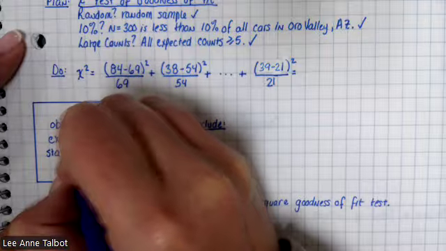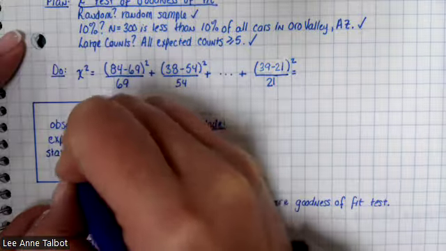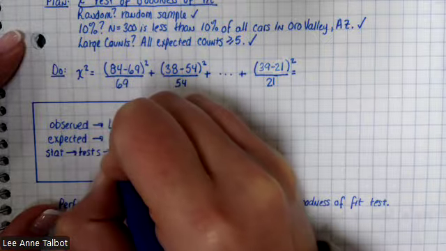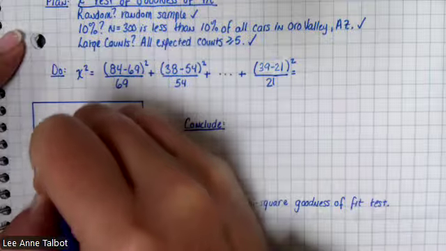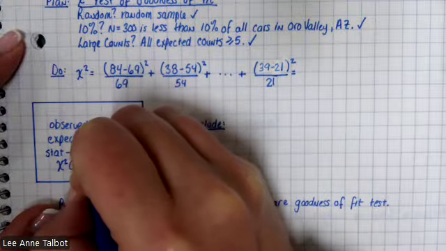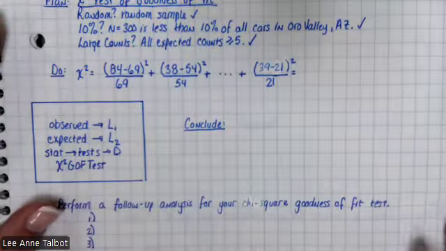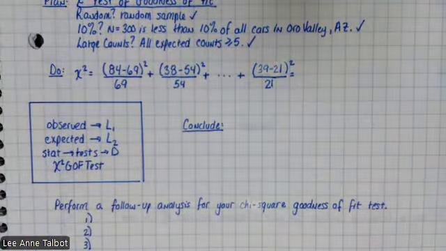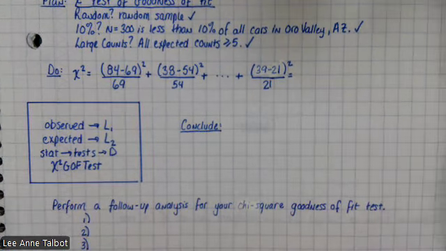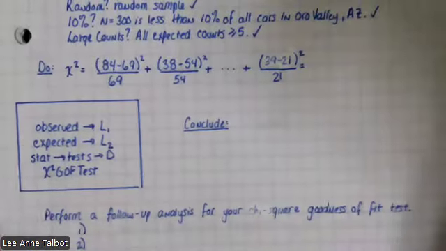Okay, now this is where I'm gonna have to make some confessions. I dread this every year. Okay, so there's your calculator instructions, and then what I'd like you to do is follow those.